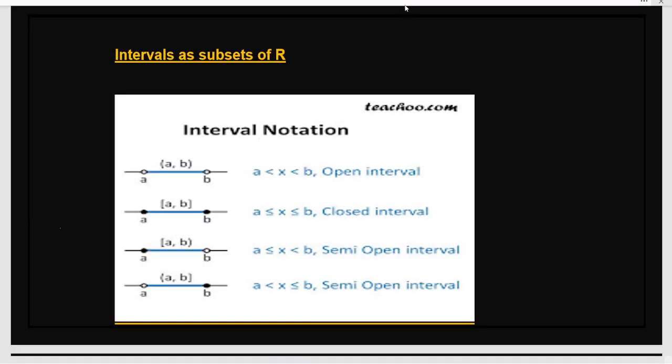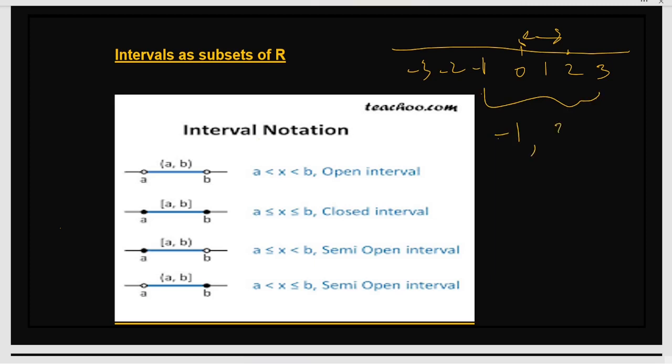Now, we'll write intervals as subsets of real numbers. So we need intervals. Intervals means what? On the number line, any numbers from 0 to 2 you can write down as an interval.